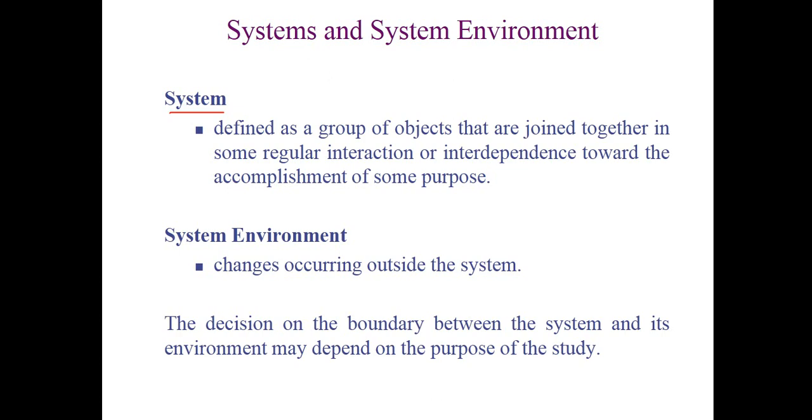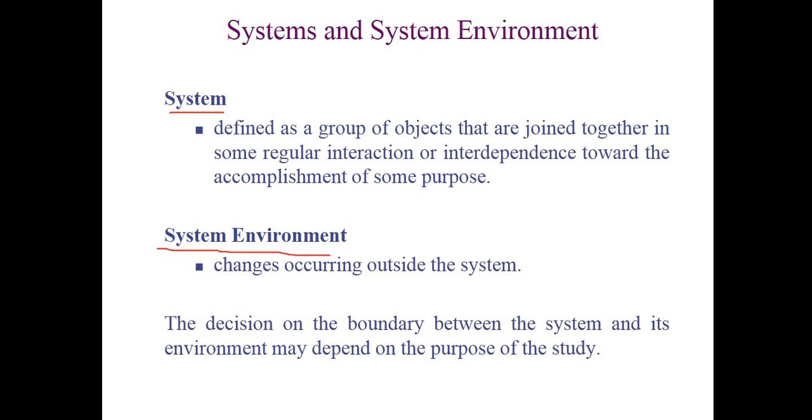Like a university is a system, but there are different sections, administrative section, account section, and their objective is the same. They can work independently, but they work together to fulfill the objective. So this is called a system. That's why it's called a group of objects joined together that try to accomplish the same purpose.